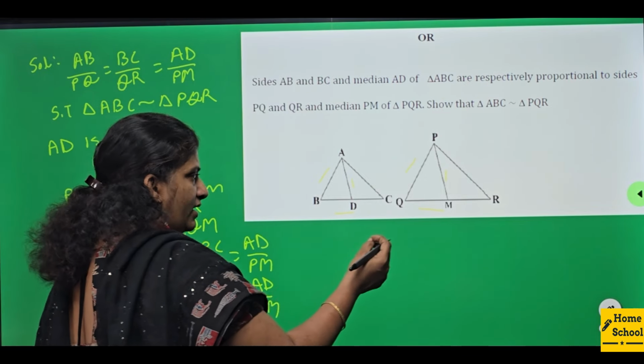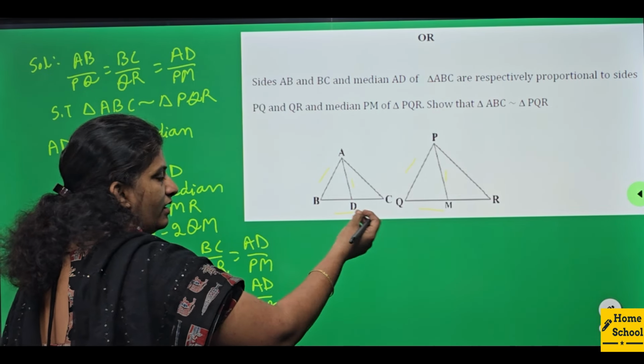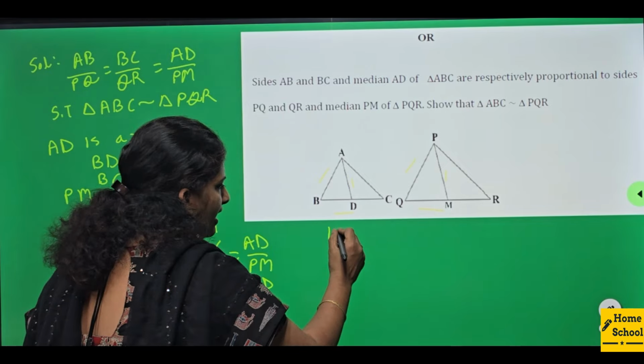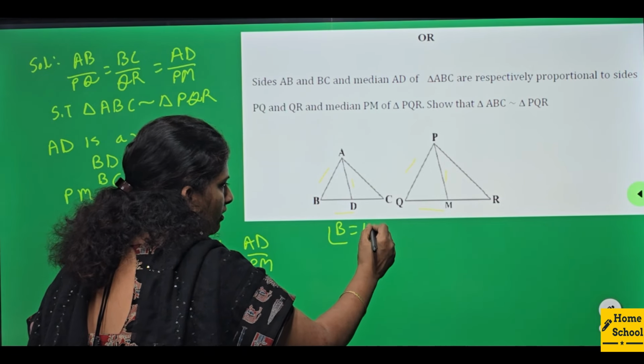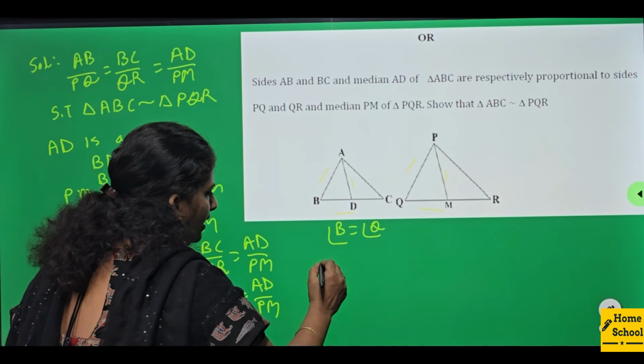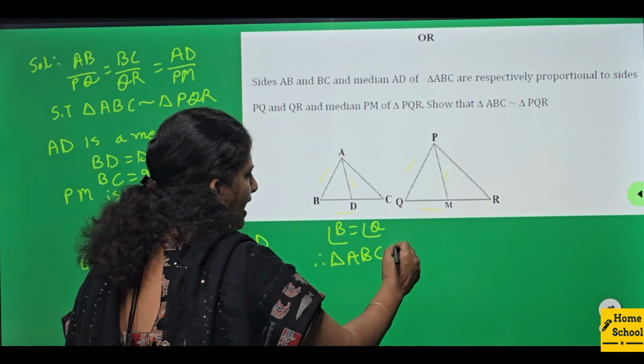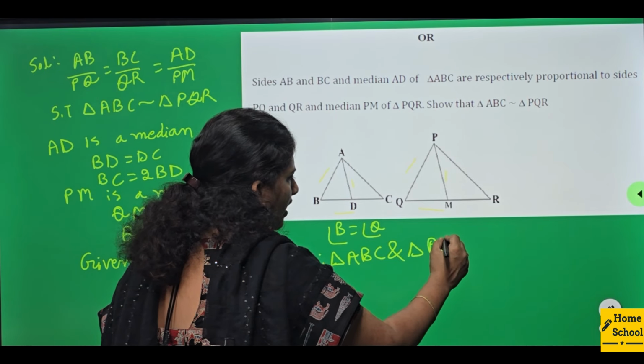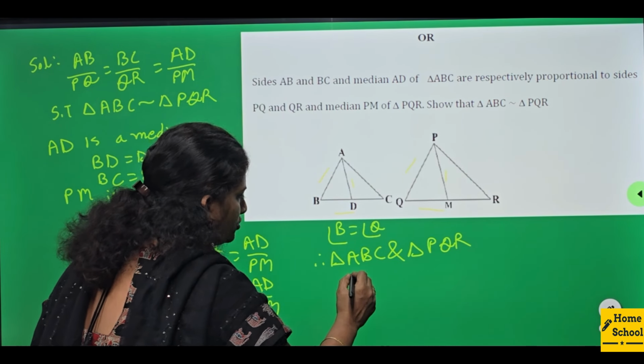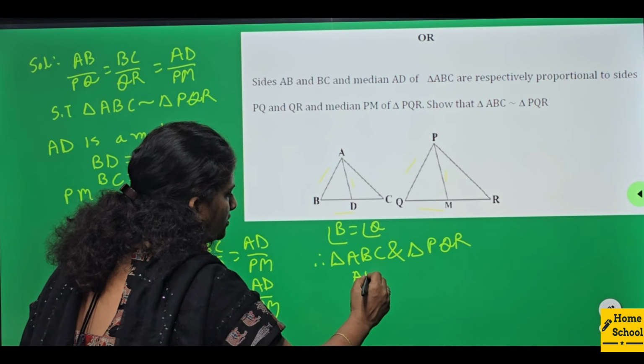If they are similar, what can I say? I can equate their corresponding angles. I'll take angle B is equal to angle Q. Now in triangle ABC and triangle PQR, the ratios are in proportion. What ratios?